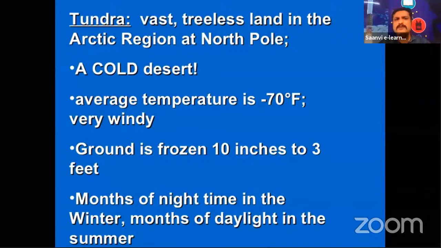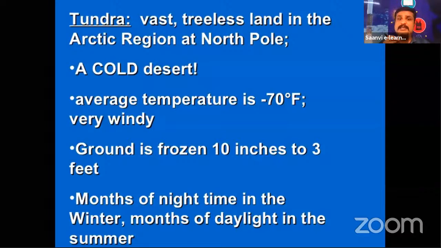And here you have some notes about tundra. What is tundra? Listen carefully. The vast treeless land in the Arctic region at the North Pole is called tundra. Another term is a cold desert. We know desert already, full of sand and high temperature, but this we also call a cold desert.